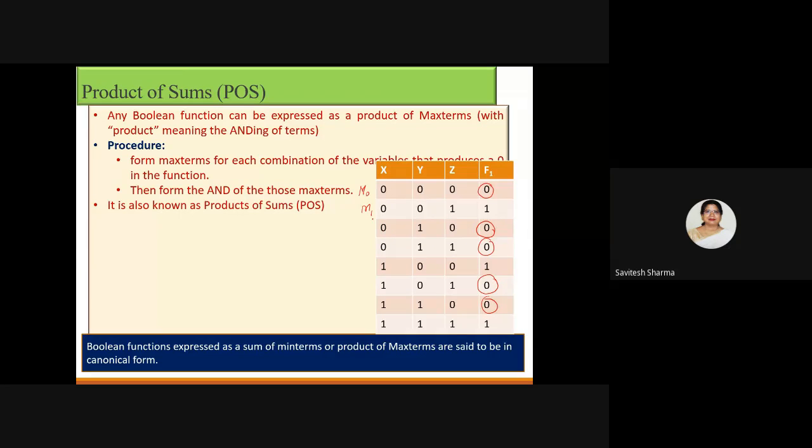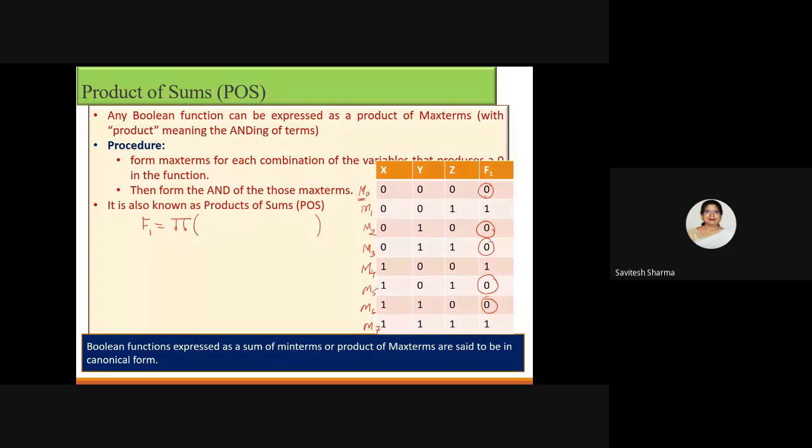This time I will write the max term in capital letters. You understand what capital letters and small letters mean here, otherwise the circuit will totally change. You should be very careful. To write the function for F1 in POS form, I will use the product symbol and then list the max terms that produce 0.